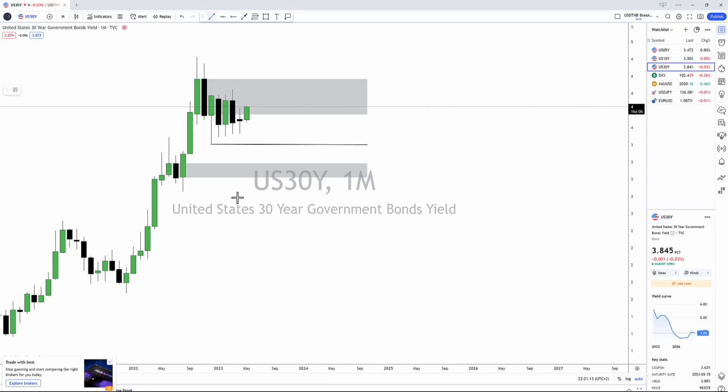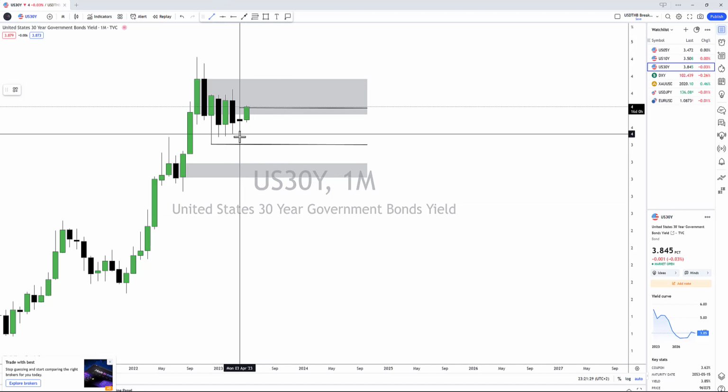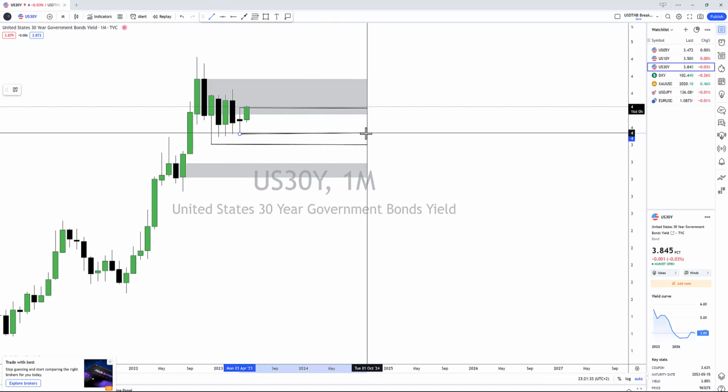So if I'm expecting that the 30-year yield is currently running stops above the previous high, right, I'm also going to mark the current month's low. This is for class purposes.